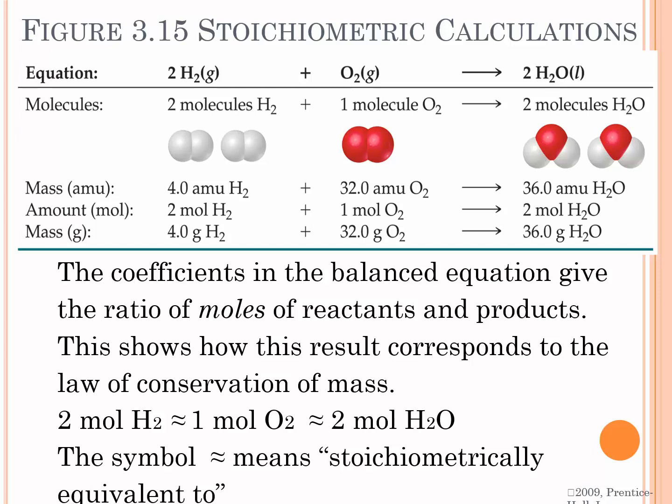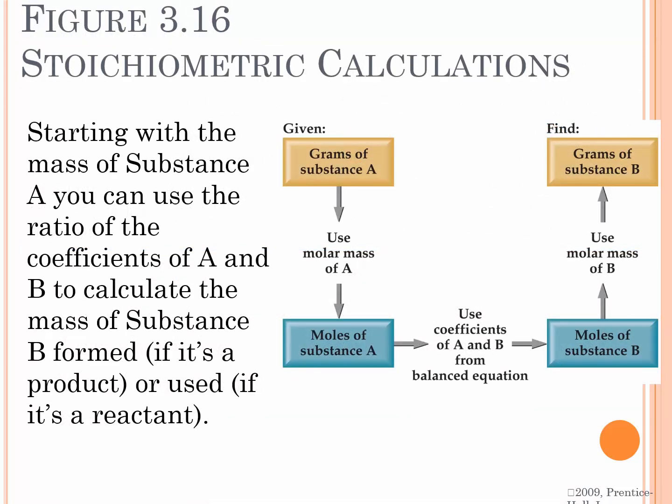And you can use this principle in order to solve any problem. Now, stoichiometric calculations. Starting with the mass of a substance A, for example, if you are given grams of substance A, you can use the ratio of coefficients of A and B to calculate the mass of substance B formed if it is a product, or used if it's a reactant.